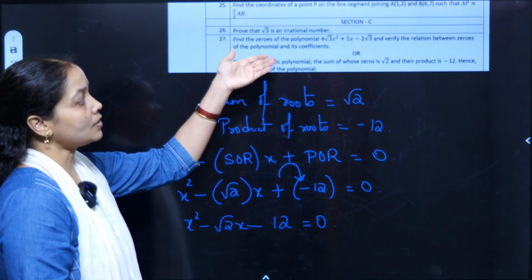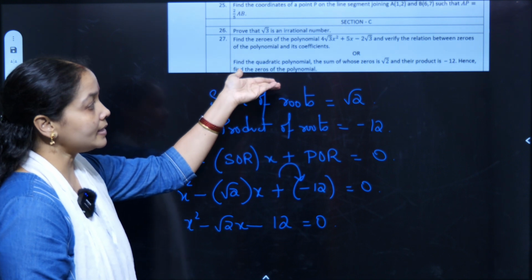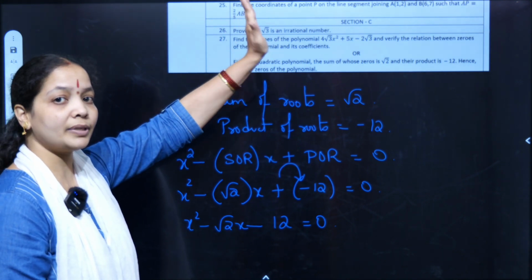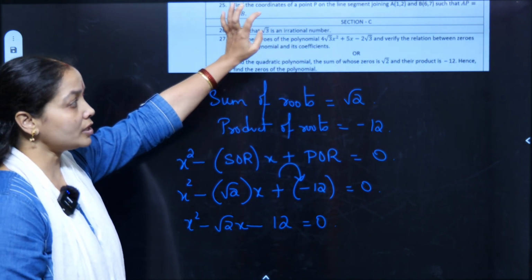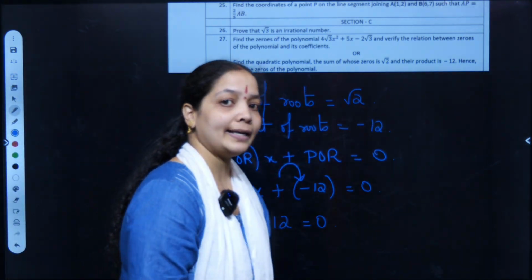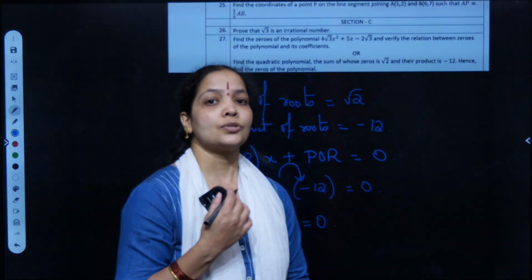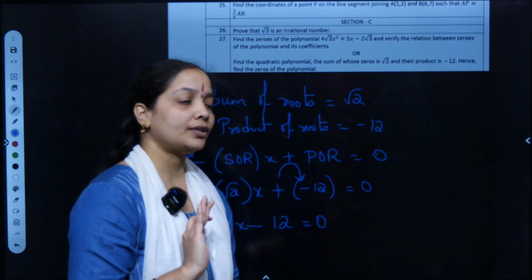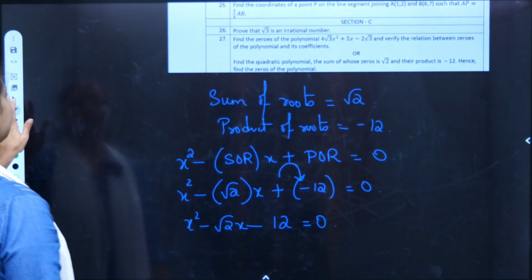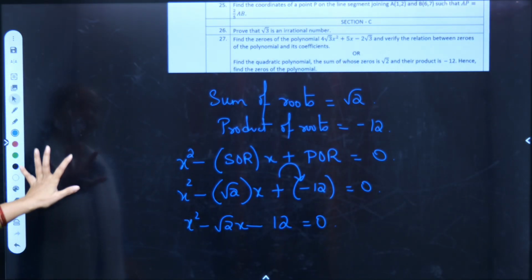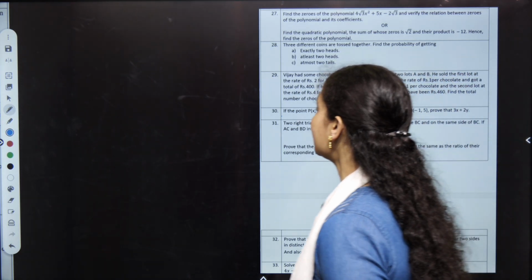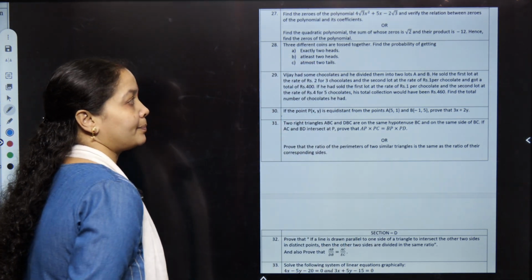Comparing the two questions, this part is easier than the previous one. So you check which one you have the confidence in and attempt that question, so that you are not going wrong or losing any more marks. Moving on, the 28th question is given from the probability chapter.